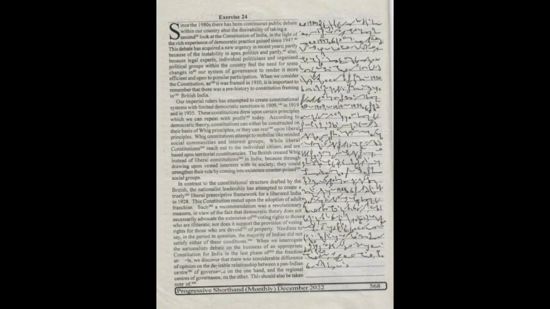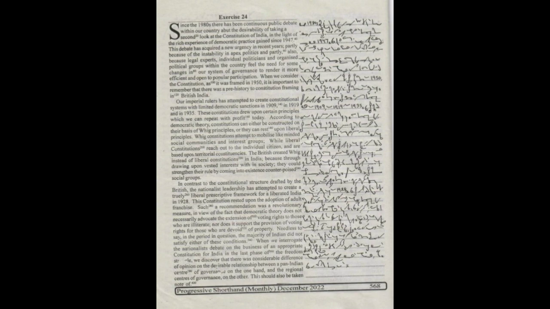According to democratic theory, constitutions can either be constructed on the basis of Whig principles or they can rest upon liberal principles. Whig constitutions attempt to mobilize like-minded social communities and interest groups, while liberal constitutions reach out to the individual citizen and are based upon territorial constituencies.